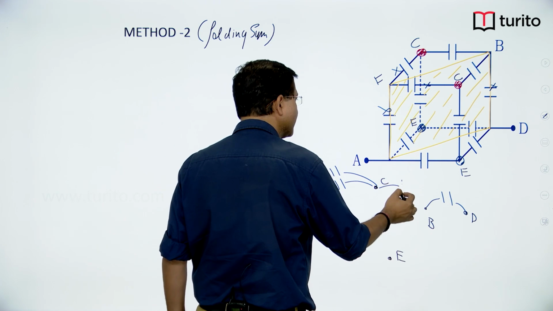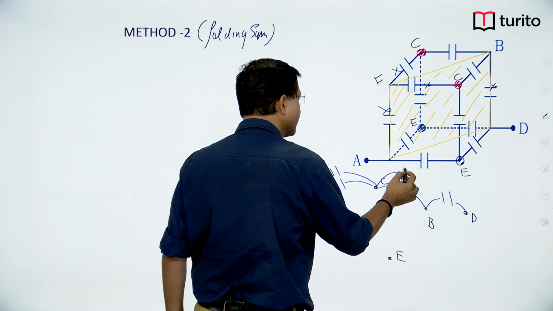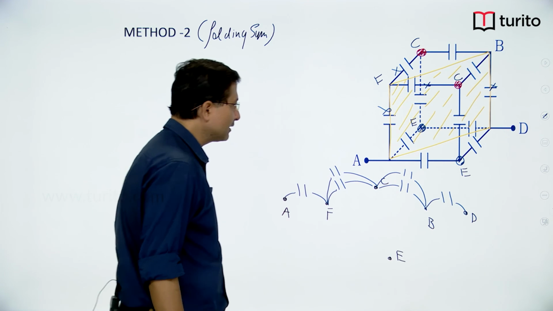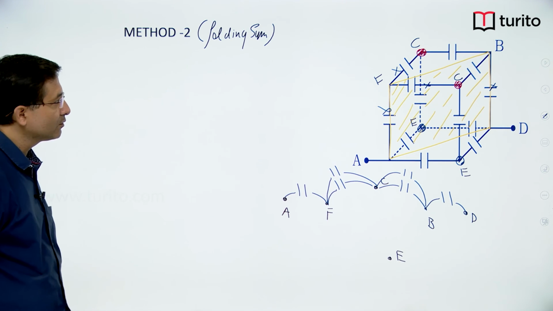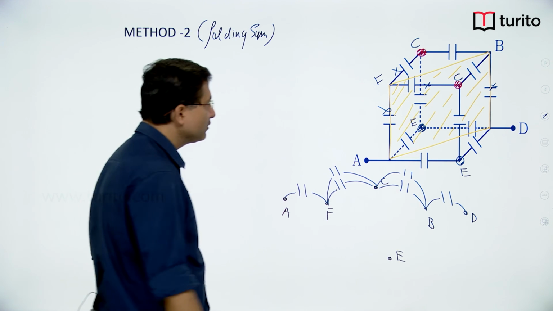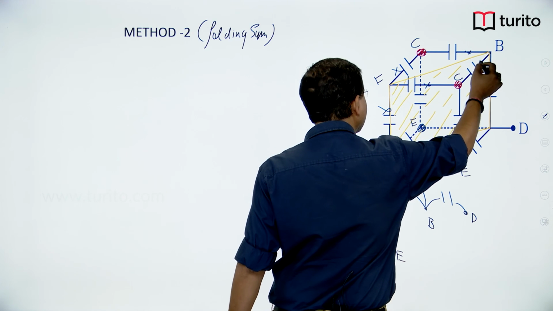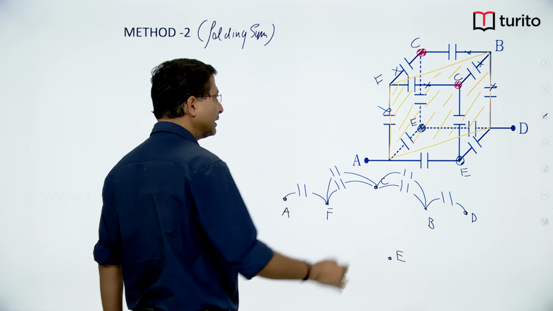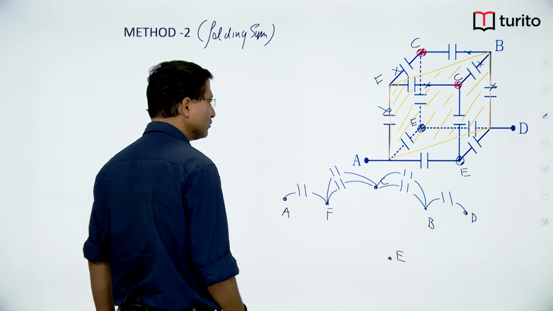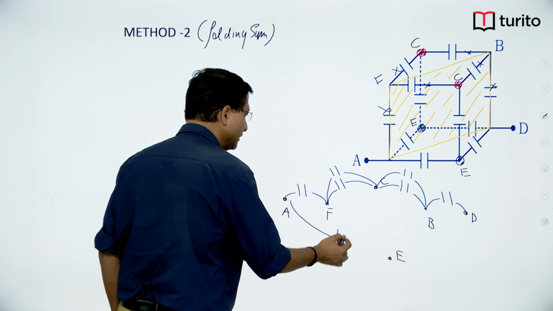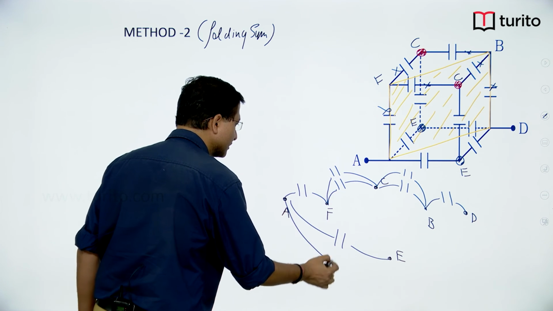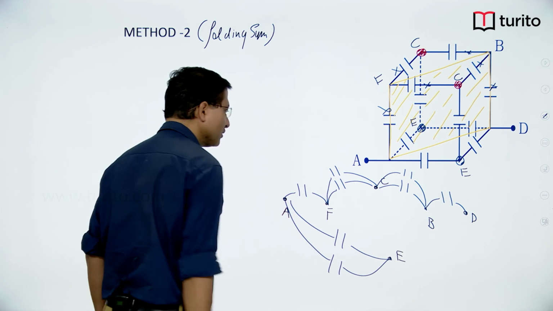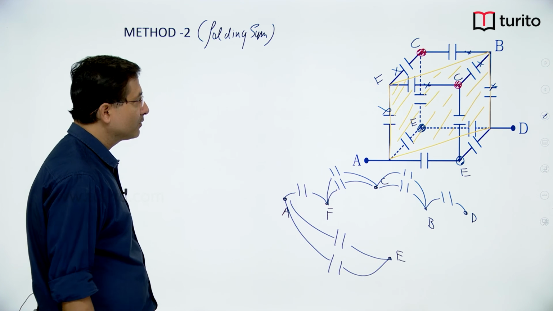So, these we have already connected. What all are left? AE, A to E. That is why I have drawn a point here, so that there is no overlap.